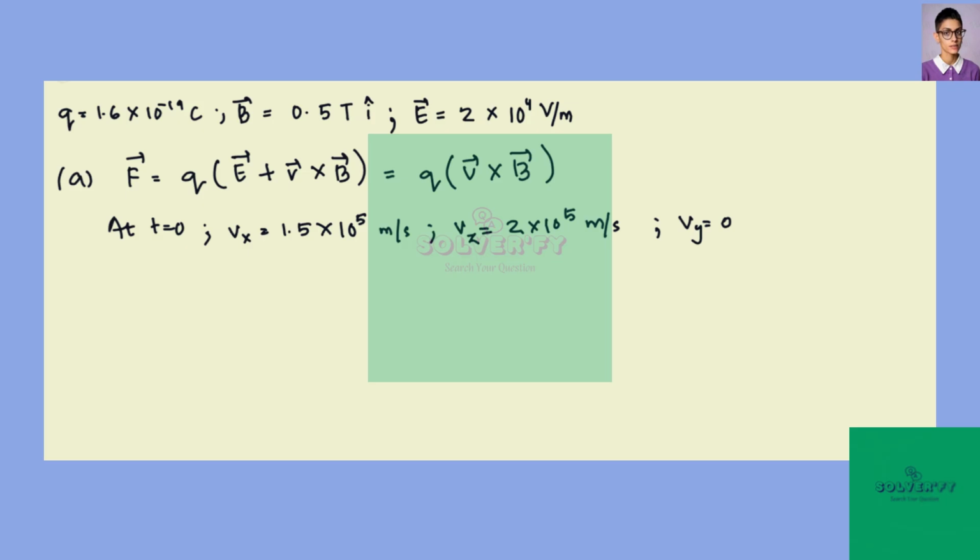So we use these values in this equation, and we know that B is just along the x direction, so there is no component of By or Bz.